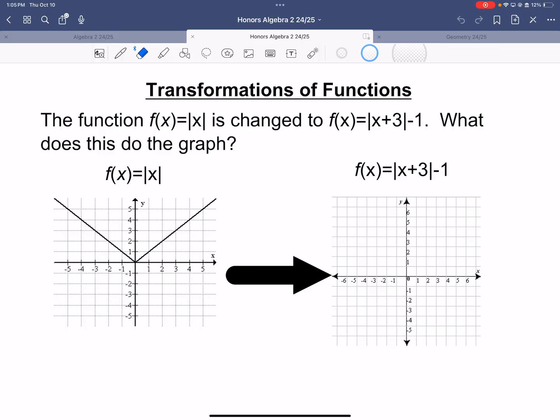The first one's our parent function. The second one's our new function. f of x is equal to the absolute value of x plus 3, minus 1. I want you to state the translation and sketch the new graph.